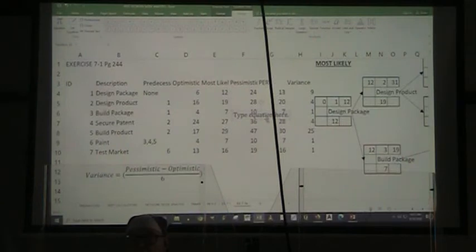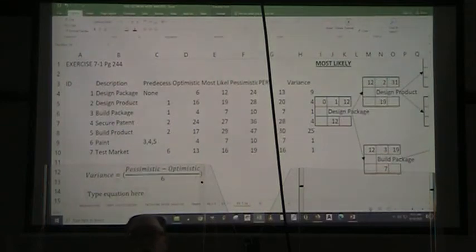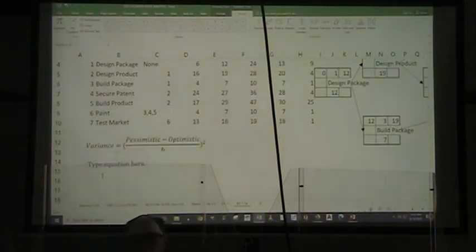Our z number is the number of standard deviations away from our mean, either in a positive or a negative direction. Variance can never be negative. Variance tells us what the width of the distribution is.